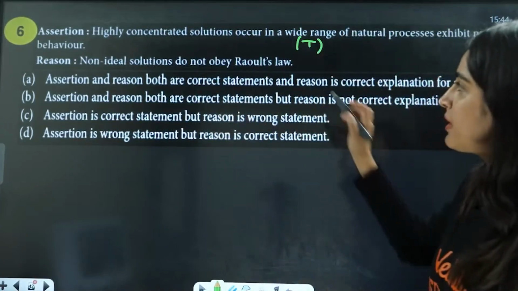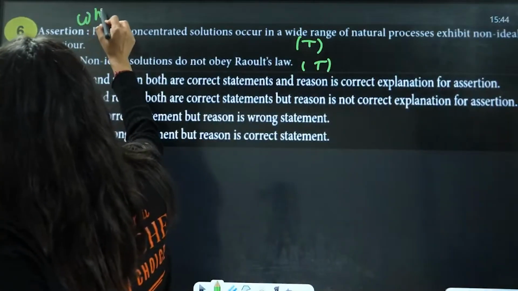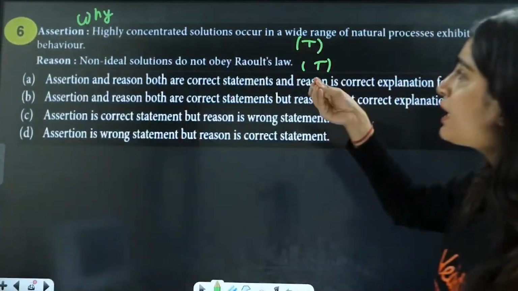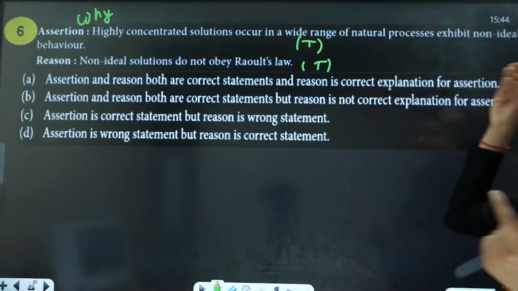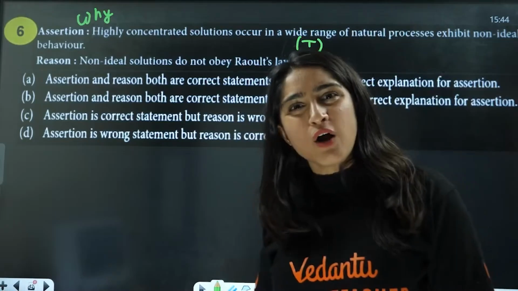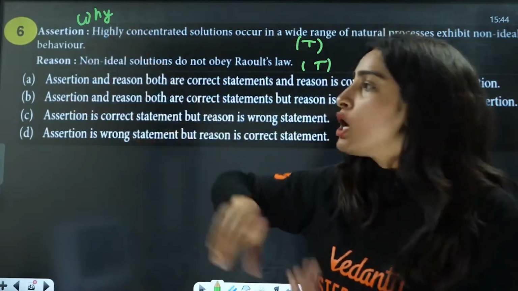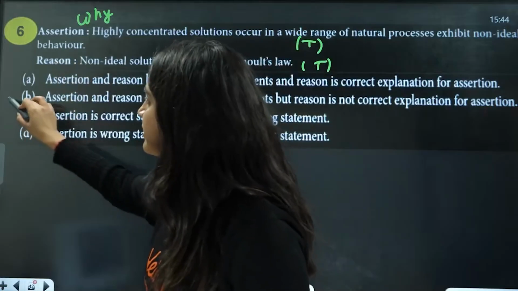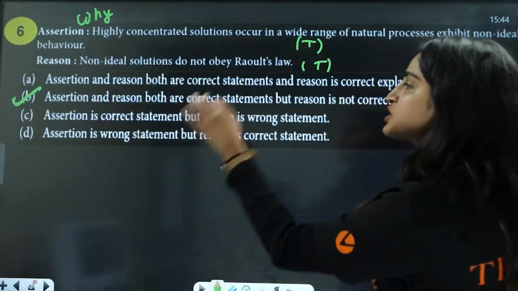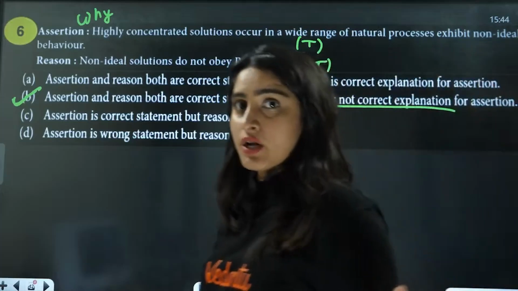Non-ideal solutions do not obey Raoult's law. That is also true. Now ask why. Why do highly concentrated solutions occur in a wide range of natural processes? Because non-ideal solutions do not obey Raoult's law. No, this is not the reason behind that. So the answer will be: assertion and reason both are correct, but the reason is not the correct explanation.